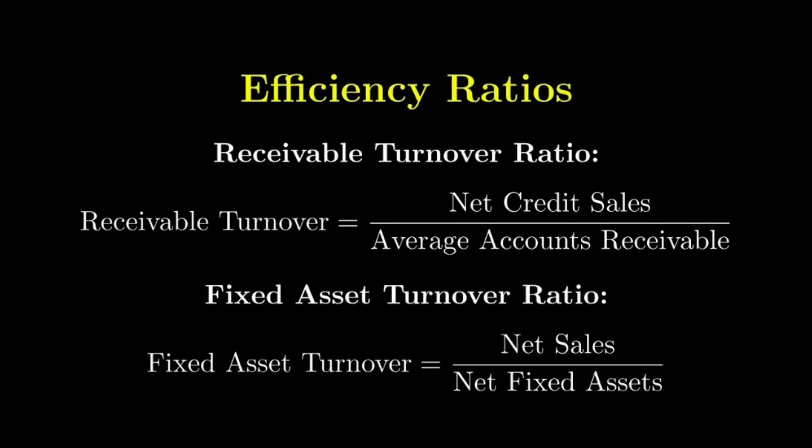And the second efficiency ratio we're talking about is the fixed asset turnover ratio. The fixed asset turnover ratio, or FAT, as I like to put it so I can easily remember it, simply talks about the ability or effectiveness of a company to use its fixed assets to generate sales.